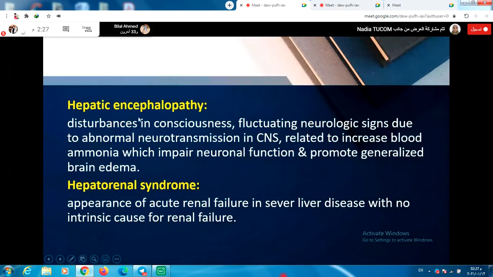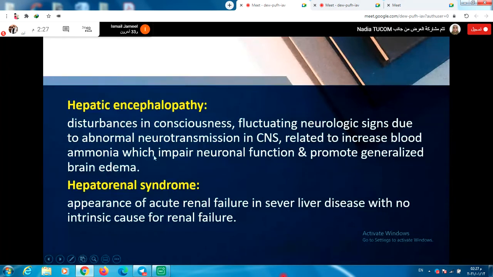Hepatic encephalopathy is manifested as disturbances in consciousness and fluctuating neurological signs due to abnormal neurotransmission in the central nervous system, related to elevated ammonia, which impairs neuronal function and promotes generalized brain edema.